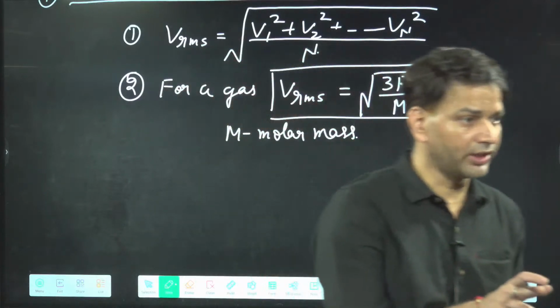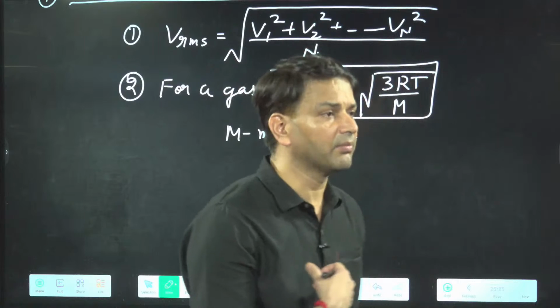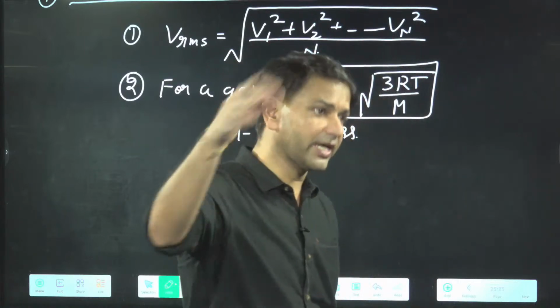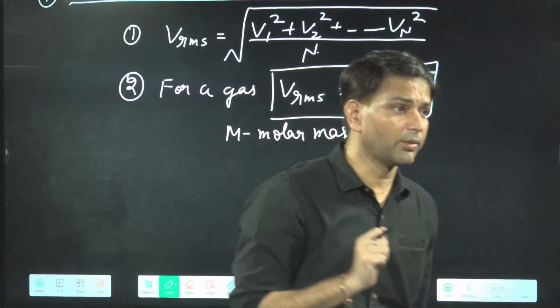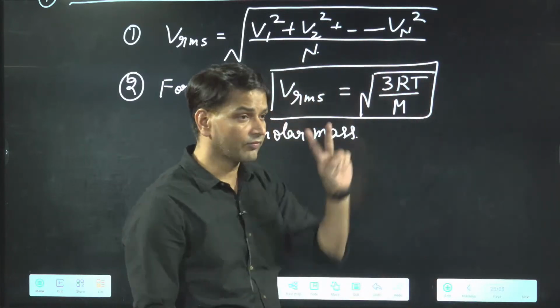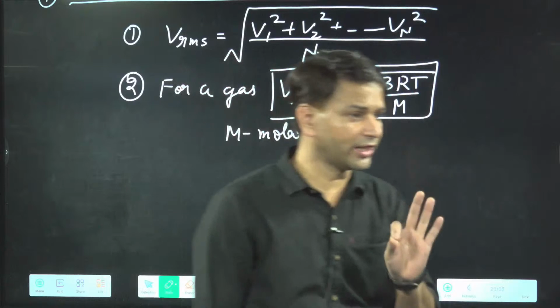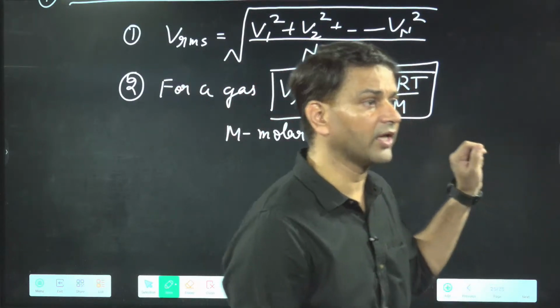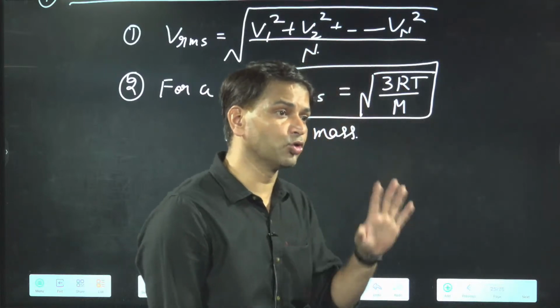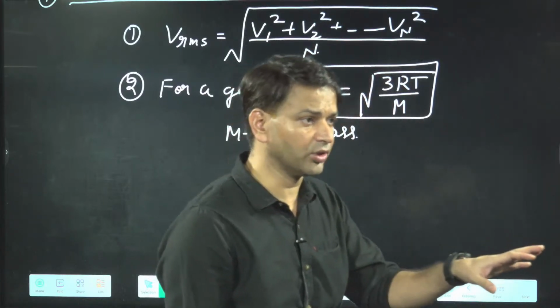But if we are calculating the velocity, we are calculating in MKS. If suppose the options have been given in CGS, we will first calculate in MKS, because the problem is R. We have learned two values of R: 0.082 atmosphere liter per mole Kelvin, and second, 8.314 joule per mole Kelvin. Joule is the SI unit.